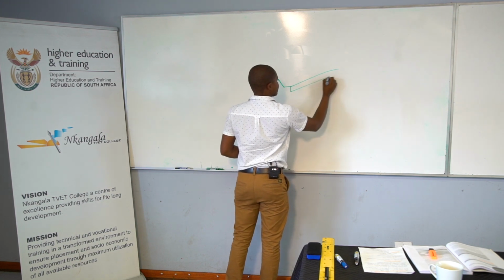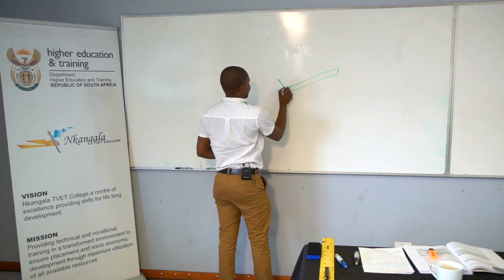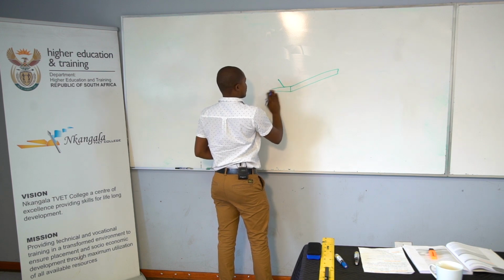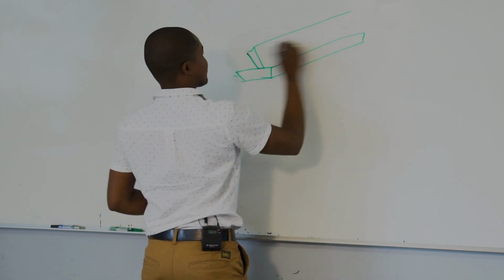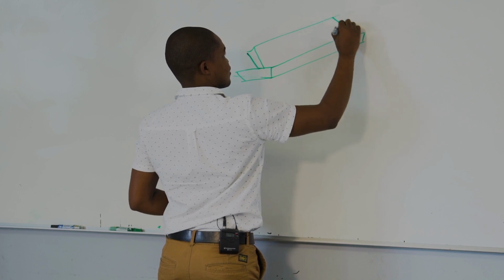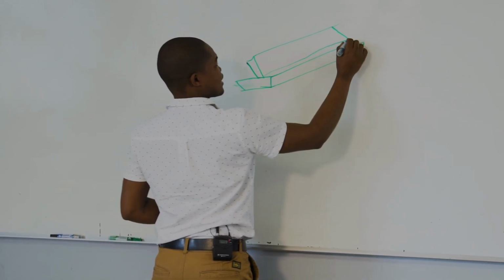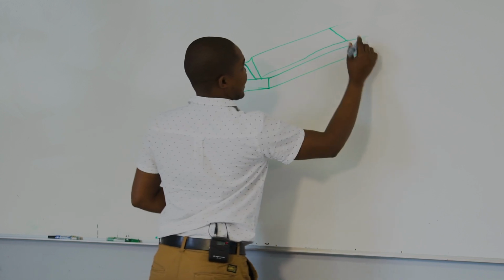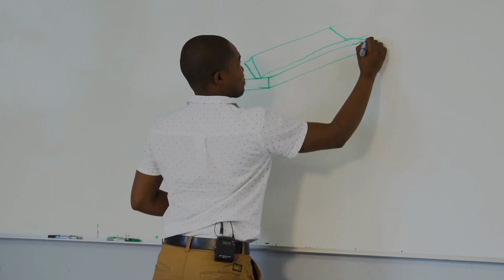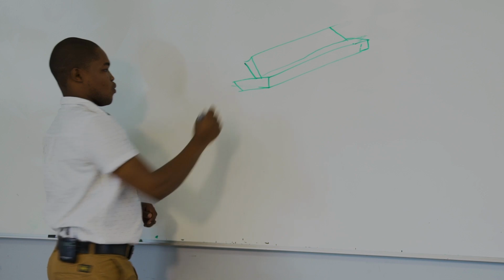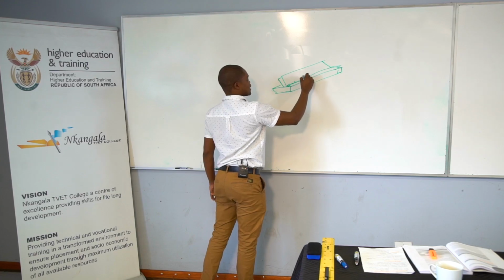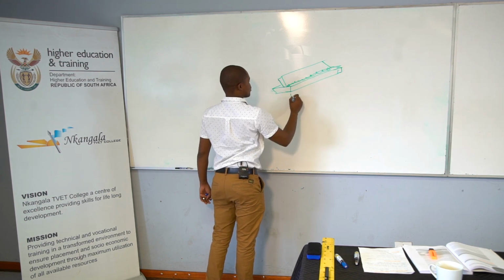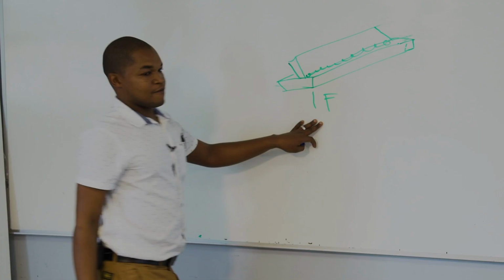So now, this is my workpiece. The workpiece is tilted. I tilt my workpiece now to make a 1F. So I am going to weld on this part. So this one is going to be the 1F, the flat position.